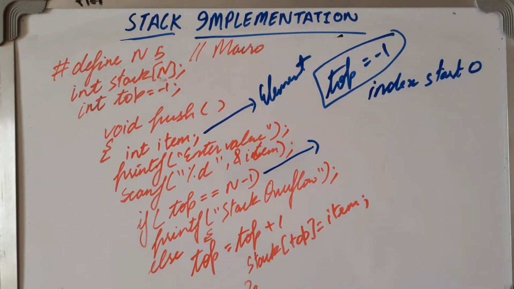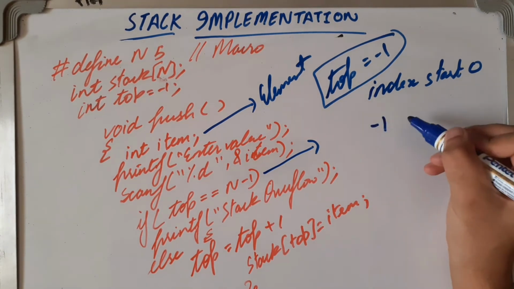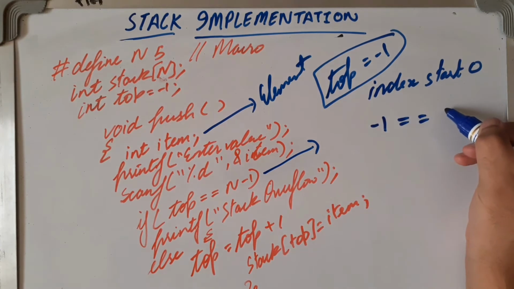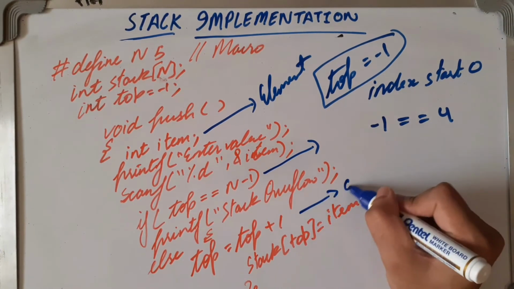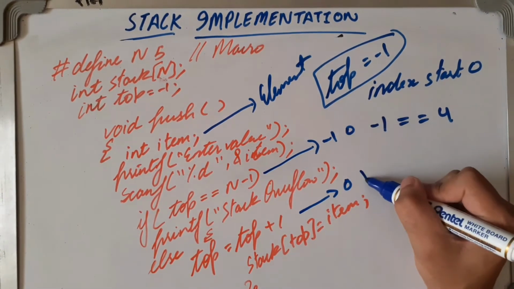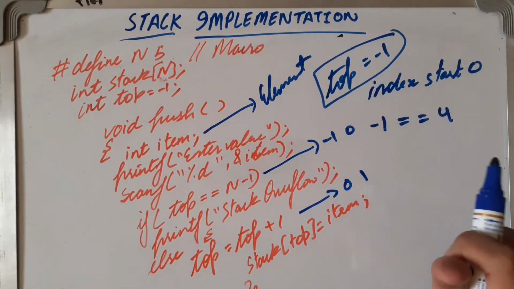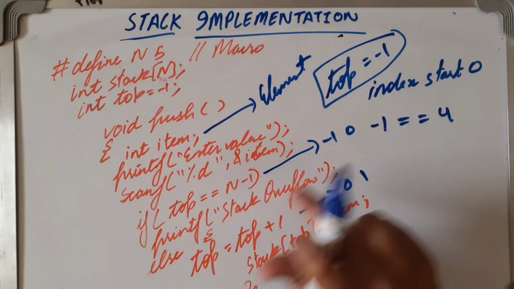So first we check minus 1 equals to 4? No. Here is 0, here is minus 1, so it is running one value less than that. That's why we are checking till n minus 1.